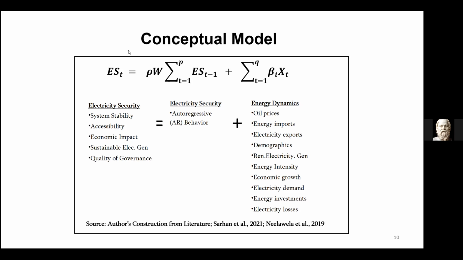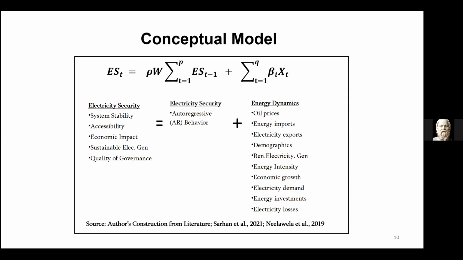Although at some stage you talk about system stability. But you have the capacity, and then if you're talking about quality, then the issues of voltage magnitude, frequency, and the voltage waveform would actually come in there. And I find some constructs here not really falling under electricity security, like the economic impact, for example.